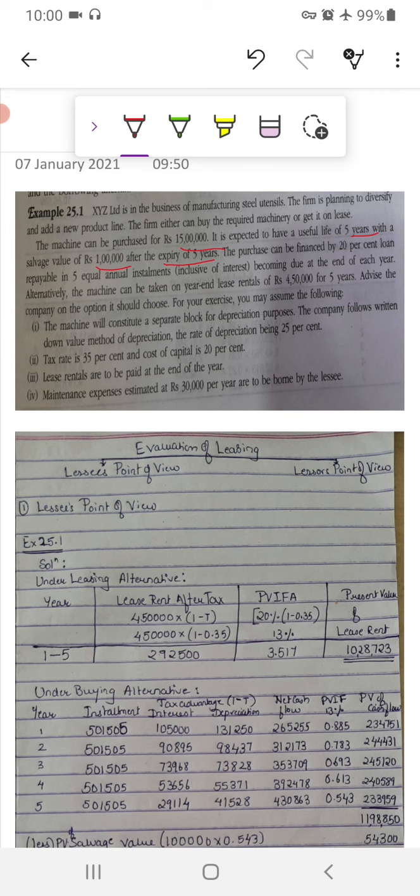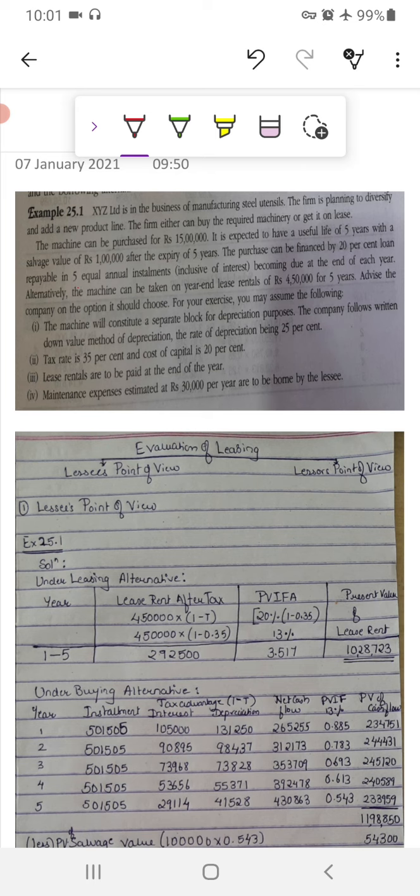The purchase can be financed at 20% loan, repayable in 5 equal installments. So if you go for a loan, then it can be financed through a loan at an interest rate of 20% per annum, which is repayable in 5 equal installments, inclusive of interest, becoming due at the end of every year.